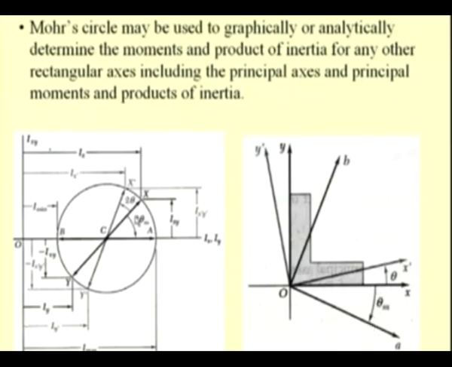Here we see that this axis YCX has to be rotated by 2 theta m in the clockwise direction in order to get this BCA axis, and that is why we rotate in the clockwise direction by half this angle, that is theta m, and we get this axis O, B and A, the principal axis for this area. So, we see that a graphical procedure can be followed to solve this problem, and we will see one example.